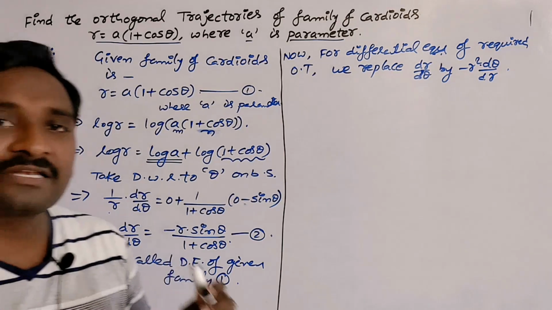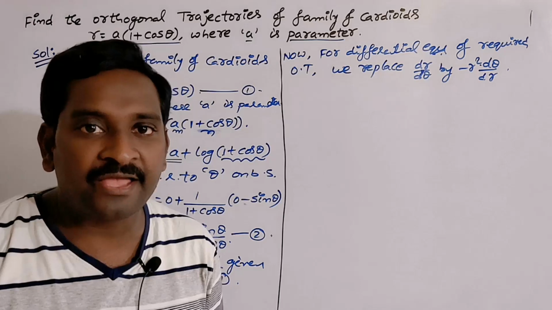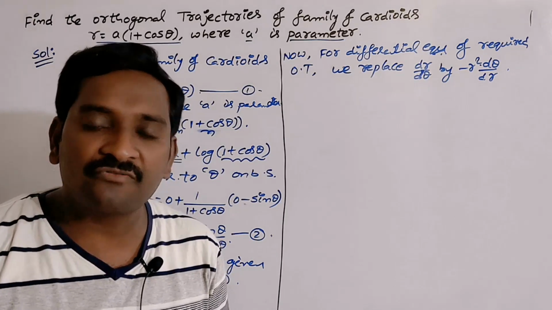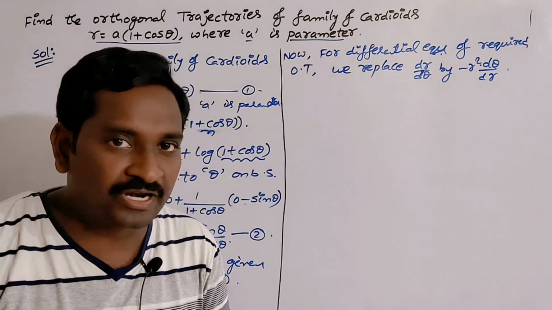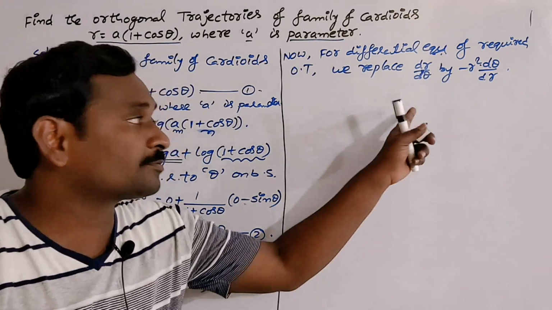In the case of Cartesian coordinates, we replace dy by dx by minus dx by dy for getting the differential equation of the required orthogonal trajectories. Don't forget it. Very, very important thing. This is the main difference between Cartesian coordinates and polar coordinates.